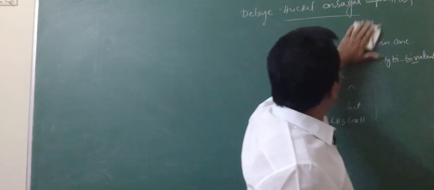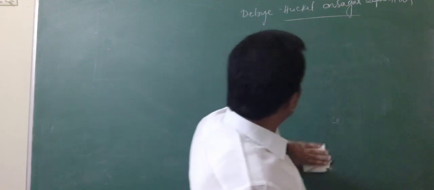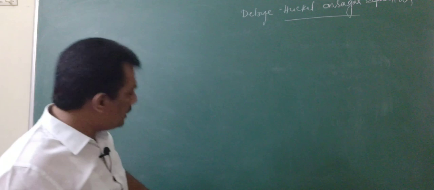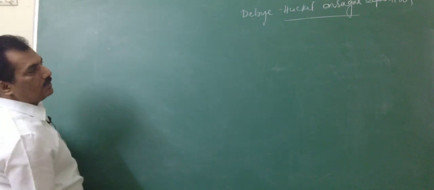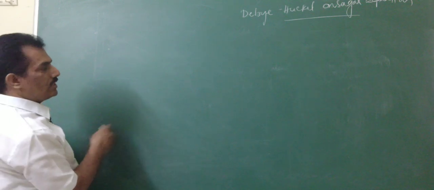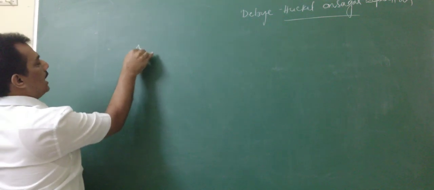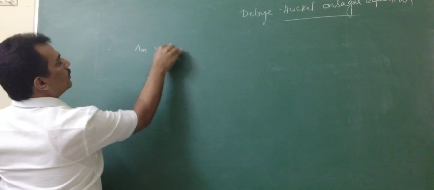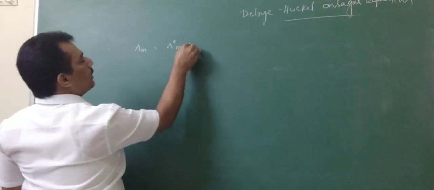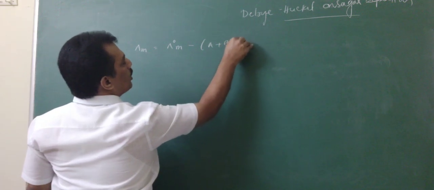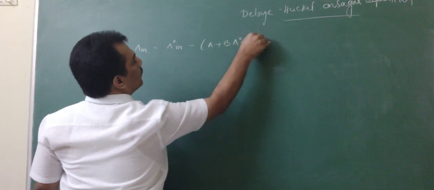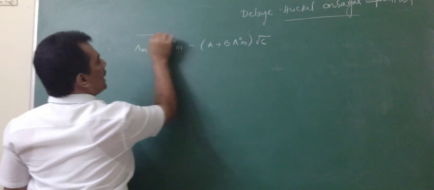The Debye-Huckel-Onsager equation gives a theoretical formulation for the relation between conductance and dilution in the form of an equation, which is written as lambda m equals lambda naught m minus (A plus B lambda naught m) into root c. This is the actual relation.